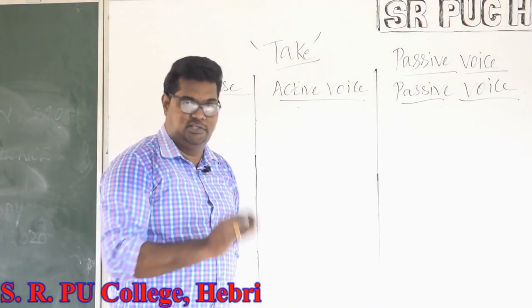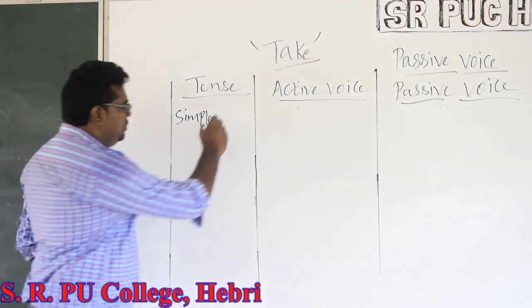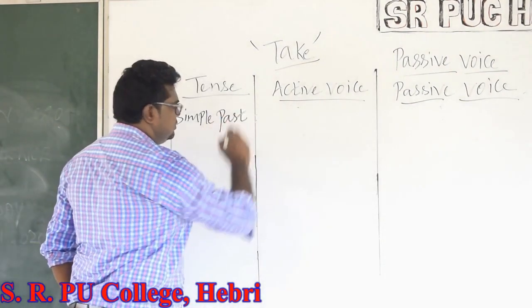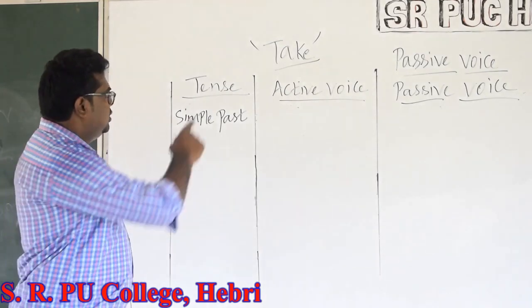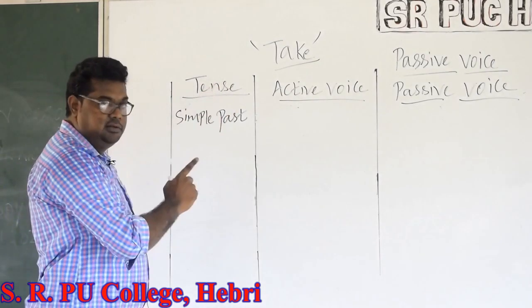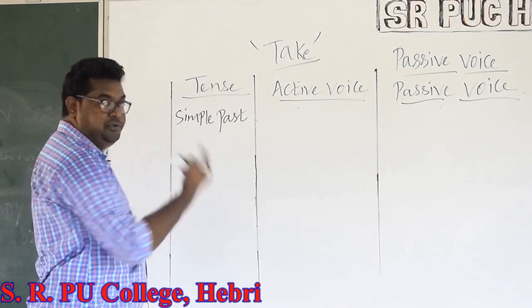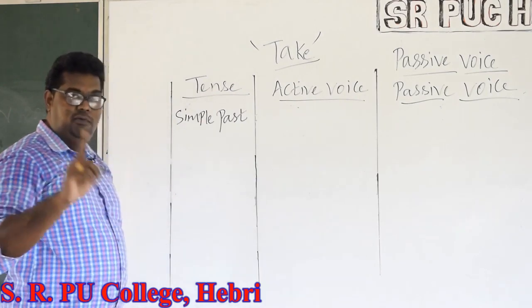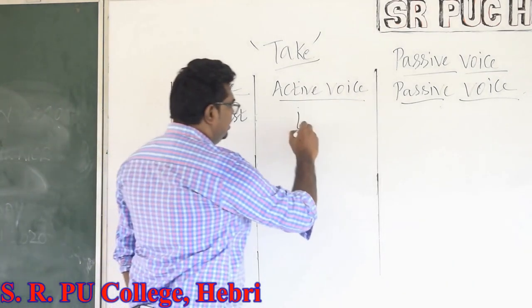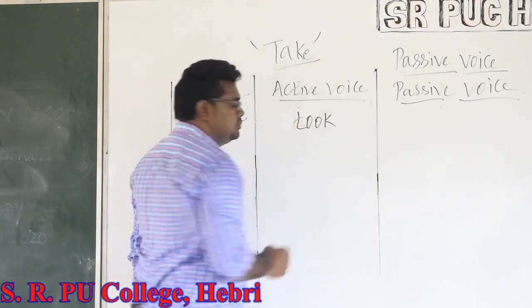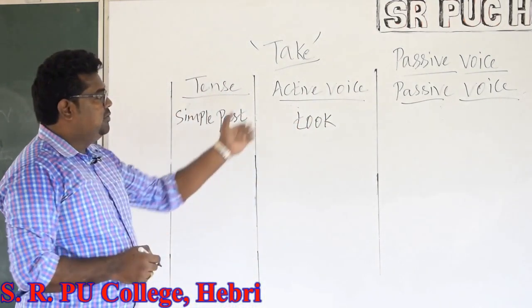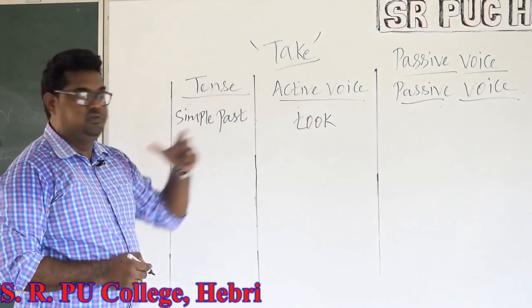Next we'll move on to past tense. The subdivision is called simple past tense. The main verb take under simple past tense in active voice will have only one form, that is called took. But when it comes to passive voice, it will have two forms.